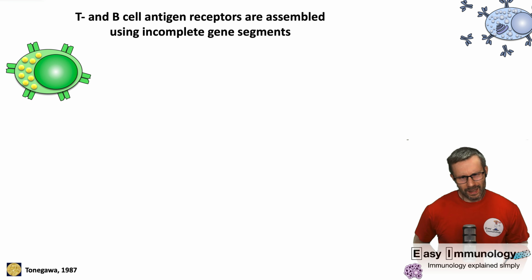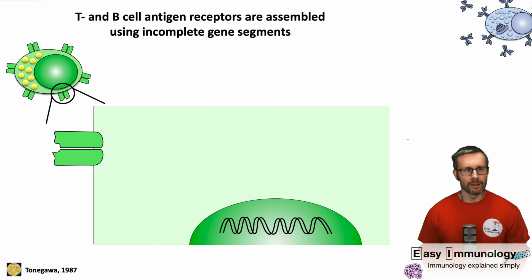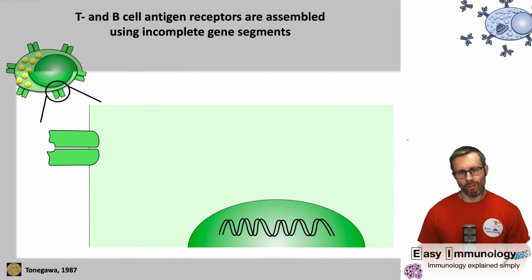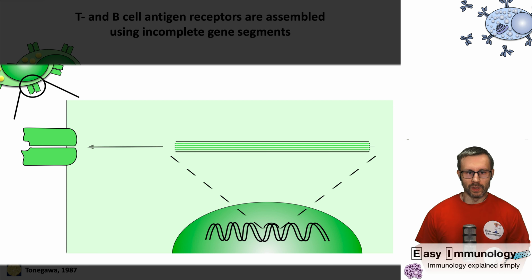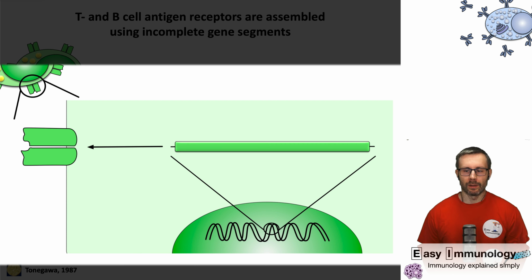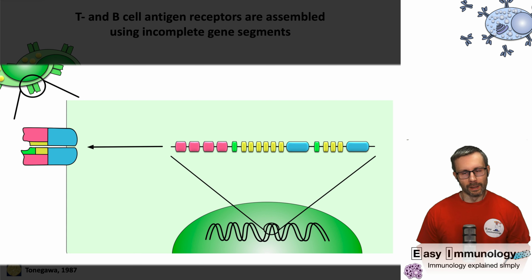So if you look at a T cell, it has a T cell receptor on its surface. That is the green structure. And this is encoded by a gene in the nucleus of this T cell. And what a very famous scientist, Dr. Tonegawa, found out in the 80s is that the T cell receptor is not encoded by a single gene, but it's encoded by a set of different fragments that are randomly combined with each other.